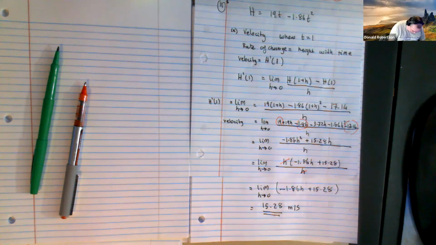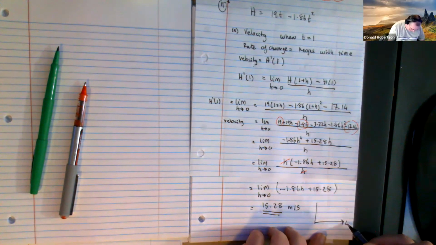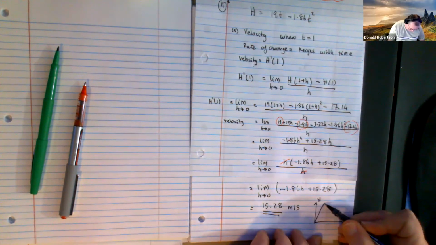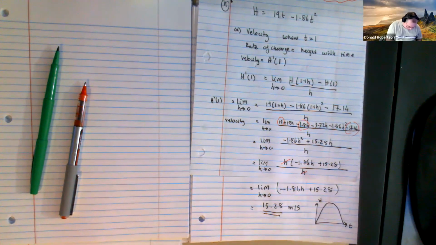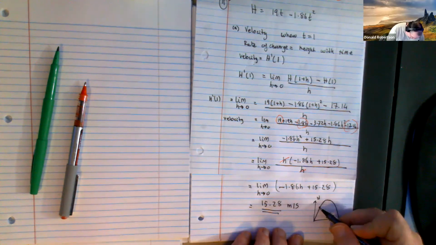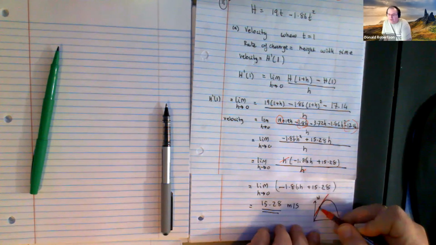If I can imagine what this might look like, this is time and this is height. Won't you throw the rock in the air and then it'll come back down? And we've just found out that at the 1 second mark, the velocity is that number. That's the connection between the slope of a tangent line and the velocity.